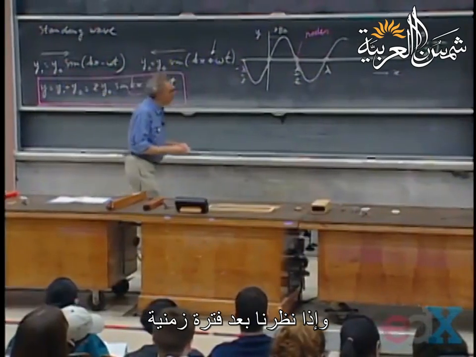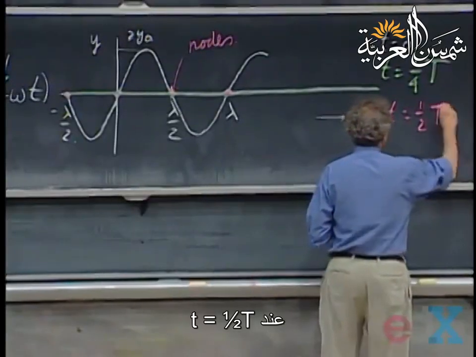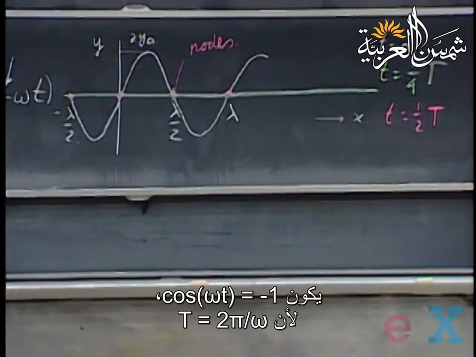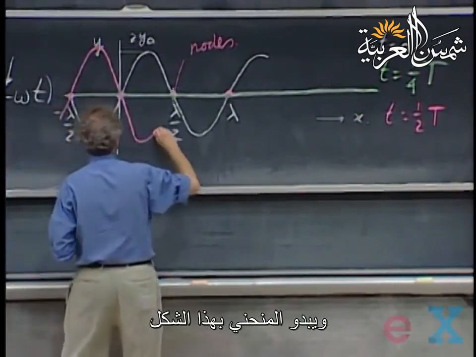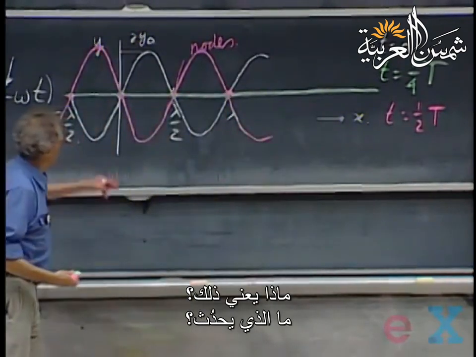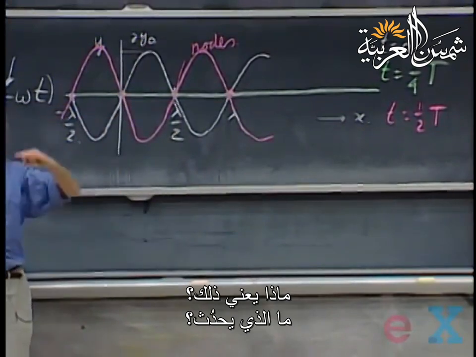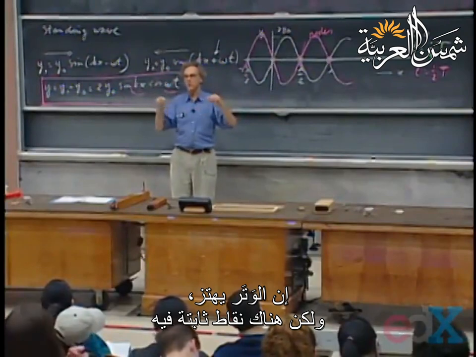And now, if we look a little later, at t equals 1/2 the period, then the cosine is -1. So now the curve will look like this. And so what does it mean? If we just look at what's happening here, the string is just doing this, and there are points that stand still.